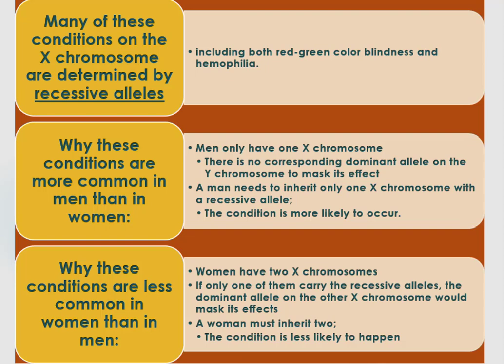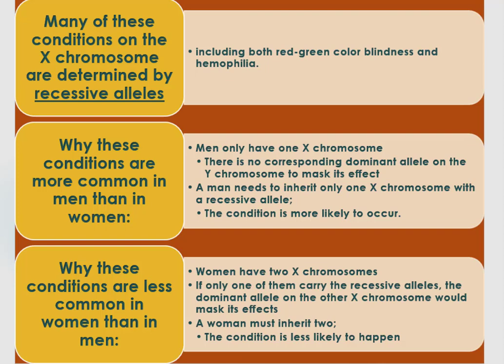But for now, let us study two genes as examples that determine red-green color blindness and hemophilia. Why are these conditions more common in men than in women?